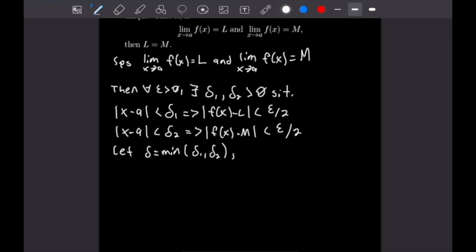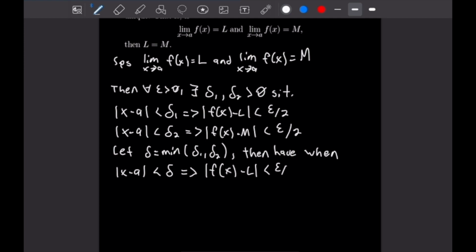So if we have this value for delta, then when the absolute value of x minus a is less than delta, the following two things must be true. The absolute value of f of x minus L is less than epsilon over 2, and the absolute value of f of x minus M is less than epsilon over 2. That's because we took delta to be the minimum.